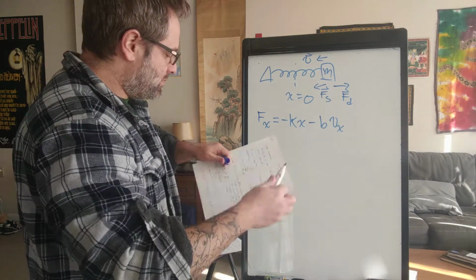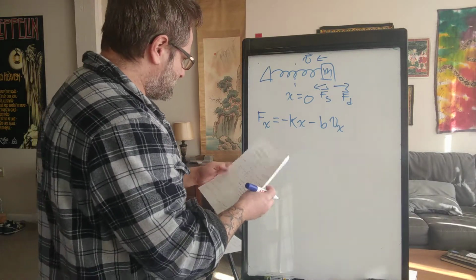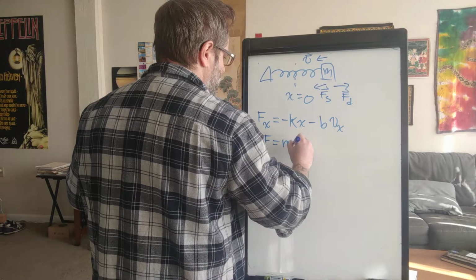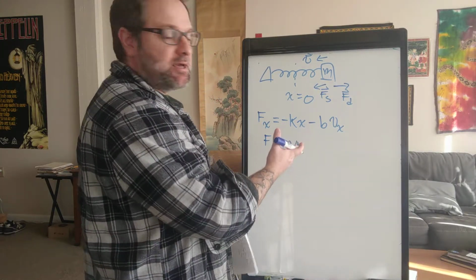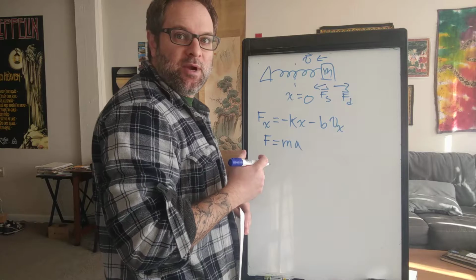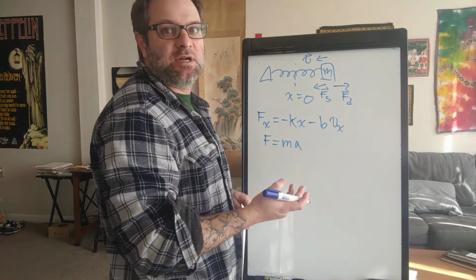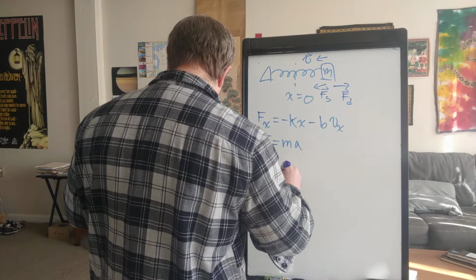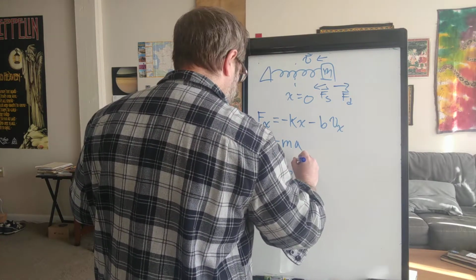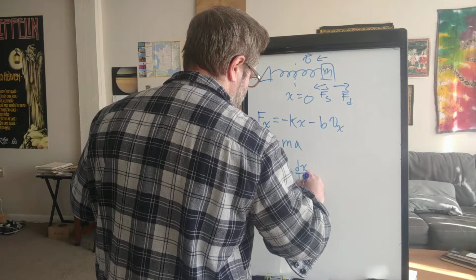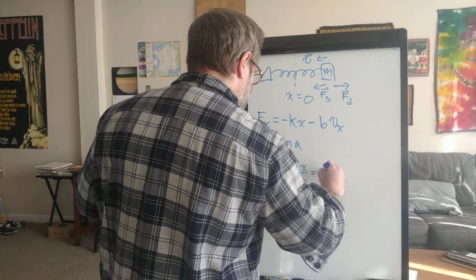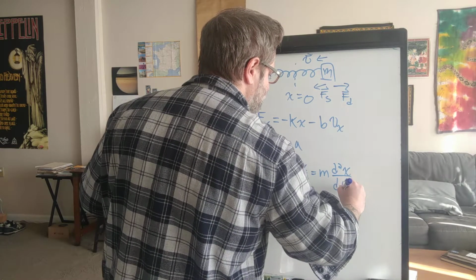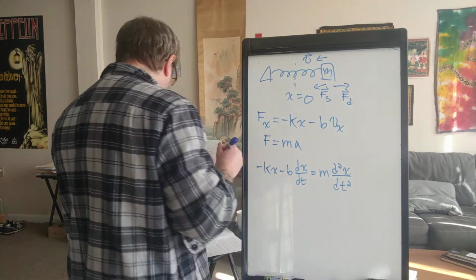So, like last class, when we talked about the simple harmonic oscillator, we're going to use Newton's second law and then write the equation of motion for this system as a differential equation. So we get negative kx minus b dx/dt equals m times the second derivative of x with respect to t.